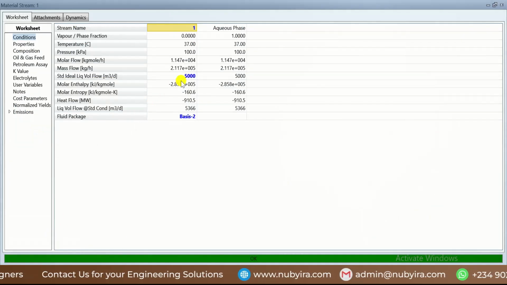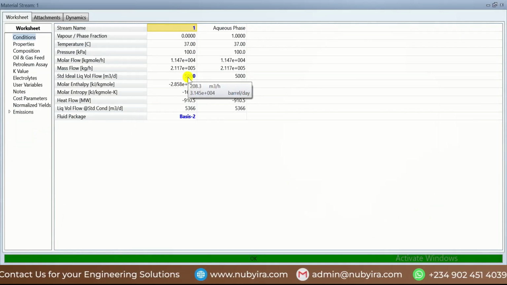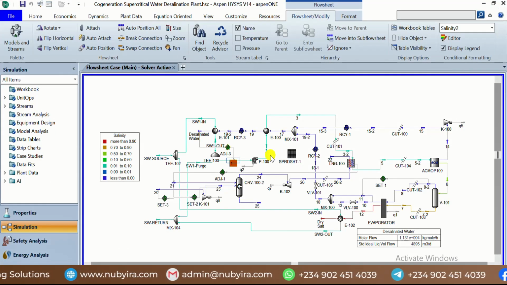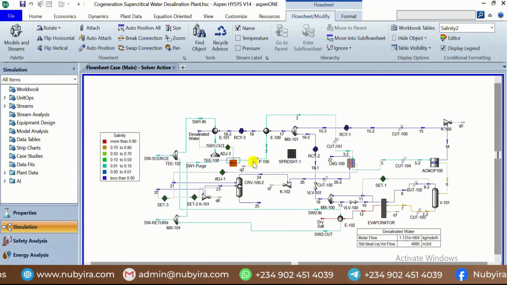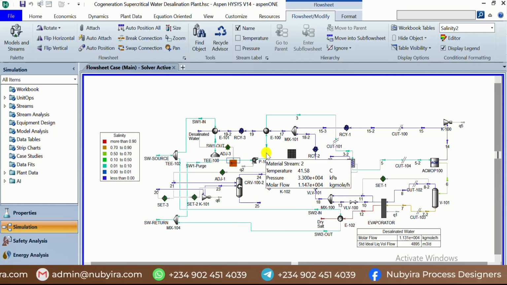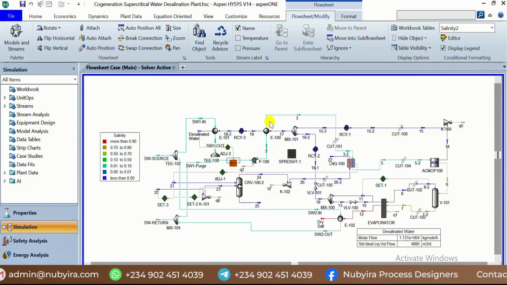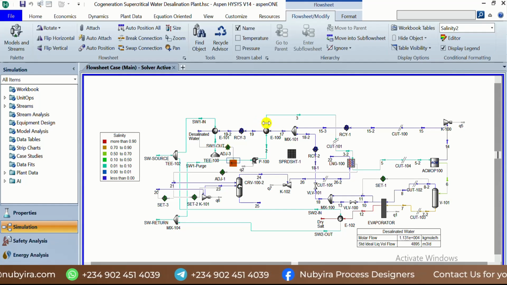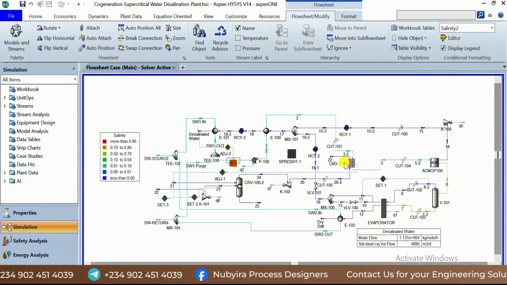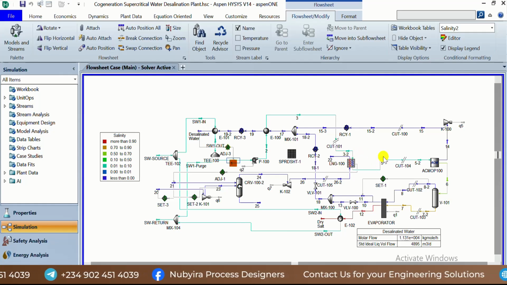In this case, the capacity that we want the plant to be processing is 5,000 cubic meters per day of seawater. So you take in the water, you pump it to a very high pressure, more than supercritical condition, and you send it to this supercritical heat exchanger.